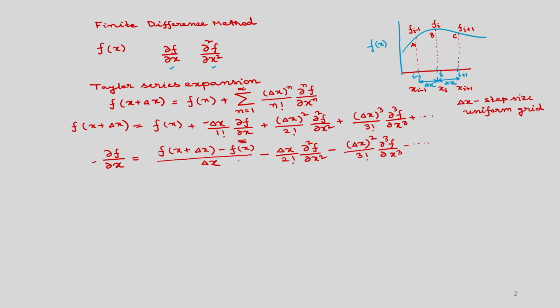If you truncate it up to this point, this is the finite difference approximation of the first derivative del f by del x, and as you are using one forward point f x plus delta x, it is known as the forward difference approximation.